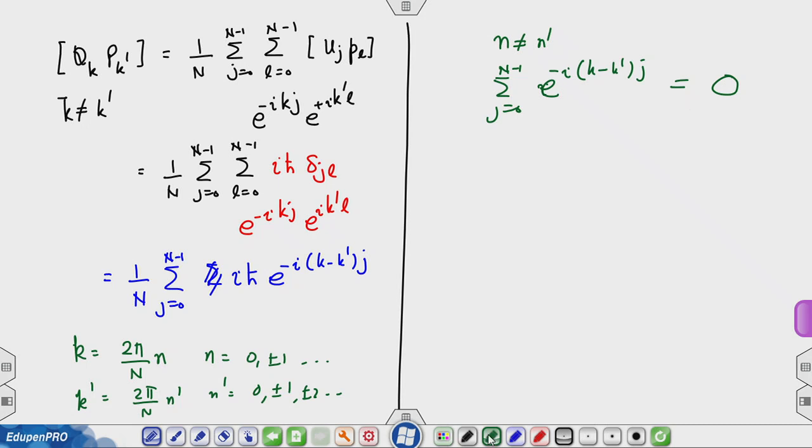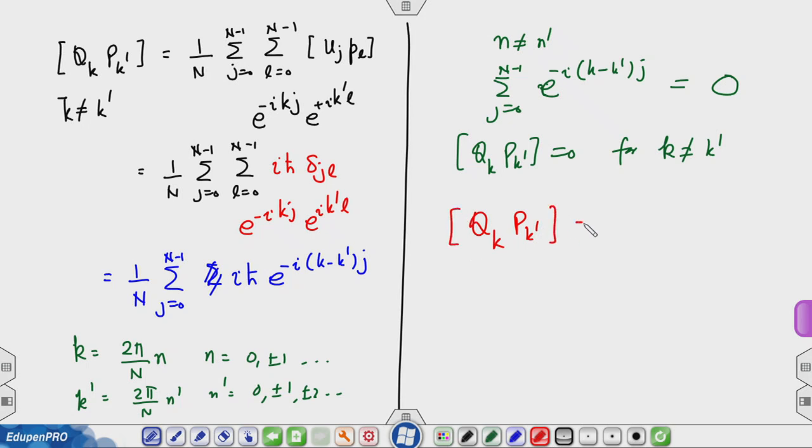So, you get q_k p_k prime equals 0 for k not equal to k prime. And what this means is, you combine the previous one with that, [q_k, p_k prime] is equal to i h cross delta_kk prime.